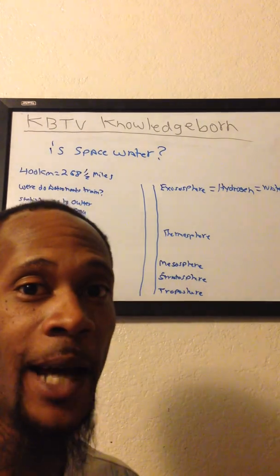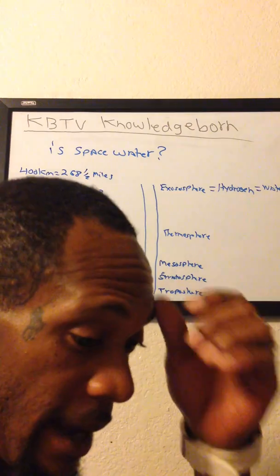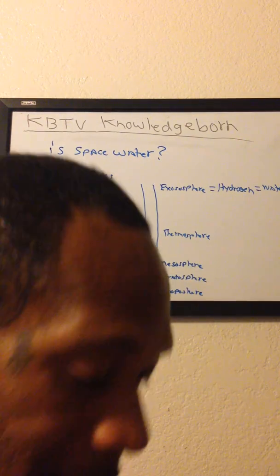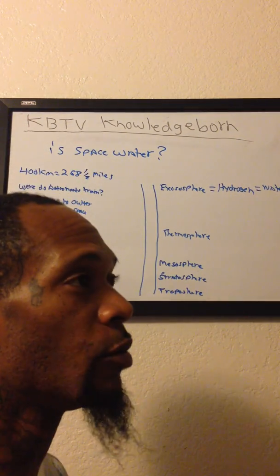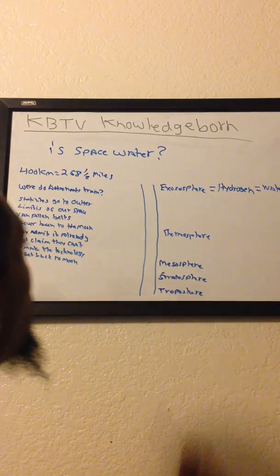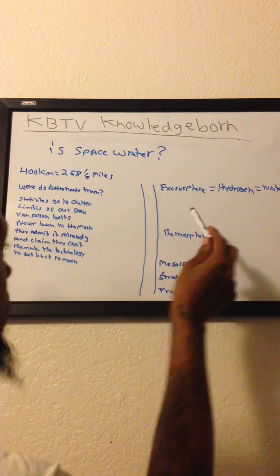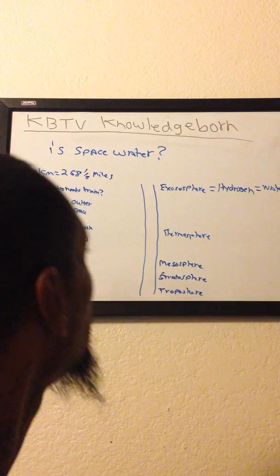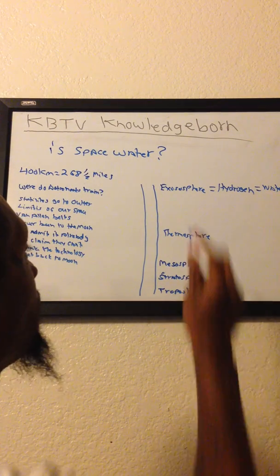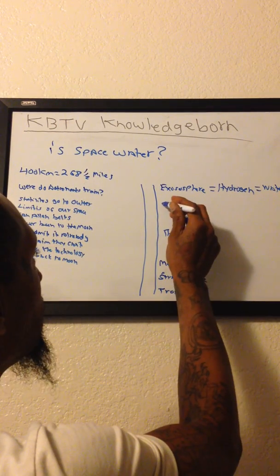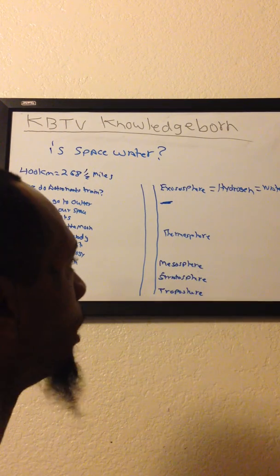So, this is an astronaut, okay, that was doing a spacewalk. Now, understand, gravity stops where you begin to float at 250, right in between the exosphere and thermosphere, about like right here, you'll begin to float.